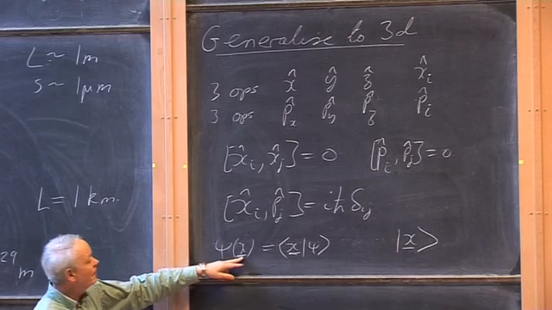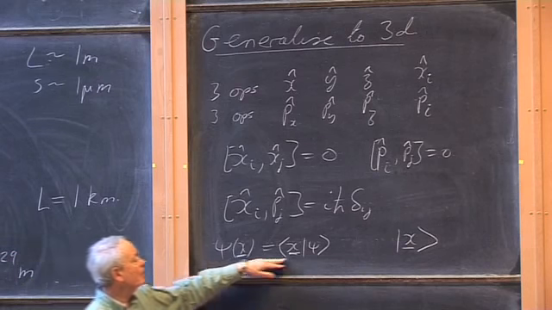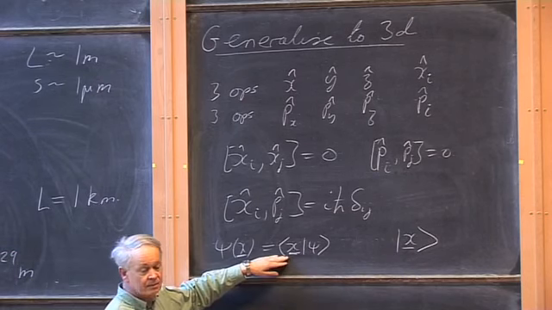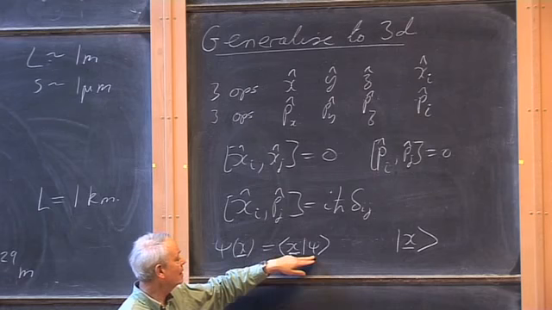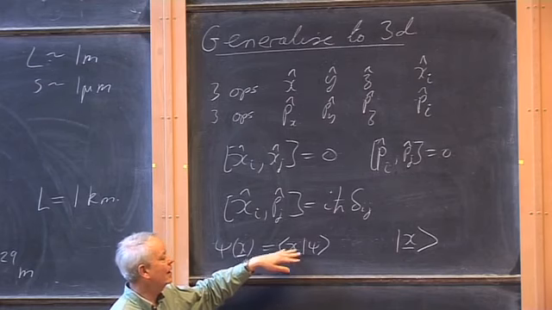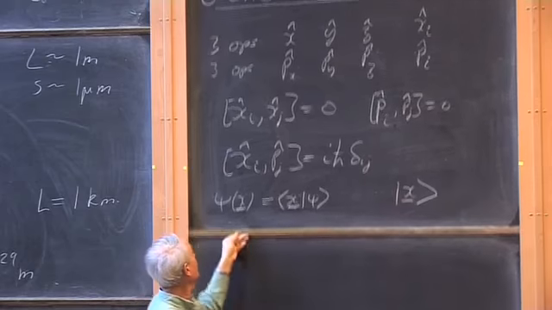Correspondingly, our wave functions become functions of x, y, and z because they become these complex numbers. That's still a complex number, but it's a function of x, y, and z, the locations of the particles.